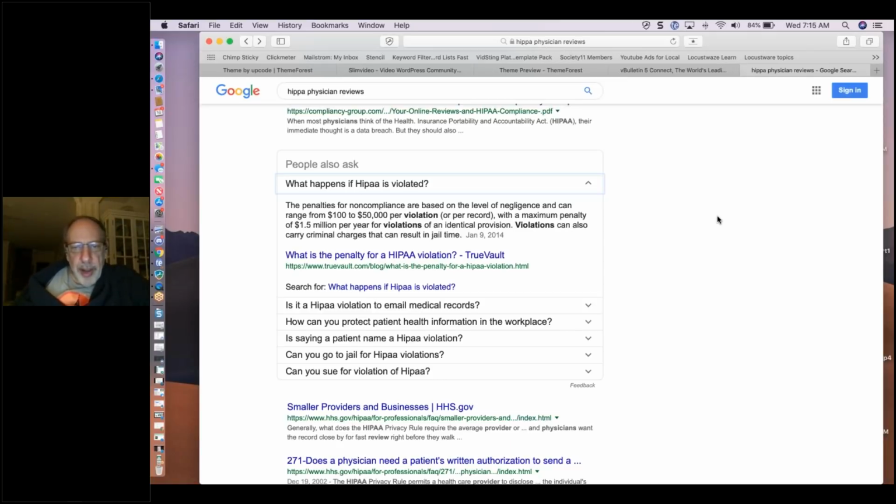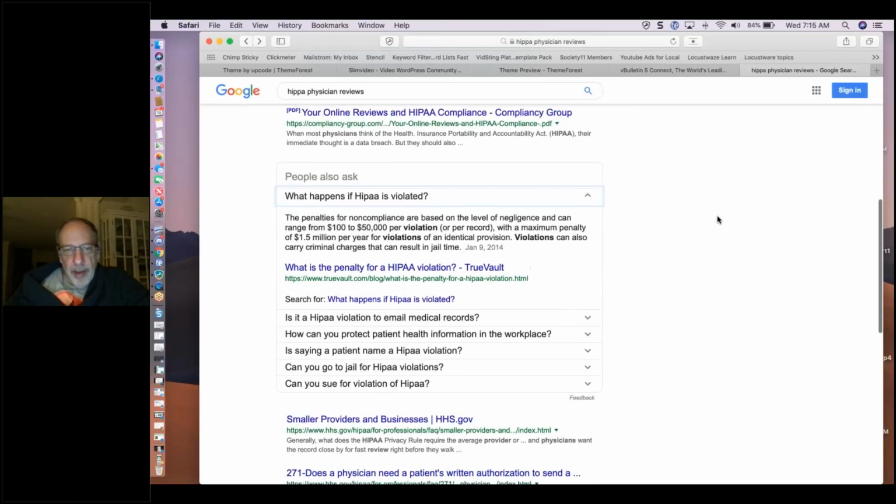It used to be you'd go in the hospital and they'd have a board on the wall with the patients' names and who was in what room, and now they have to put initials. The general principle is that because some people don't want their privacy violated, there are now laws that everybody has to adhere to, and the real threat is not the regulations but the fines, the penalties.